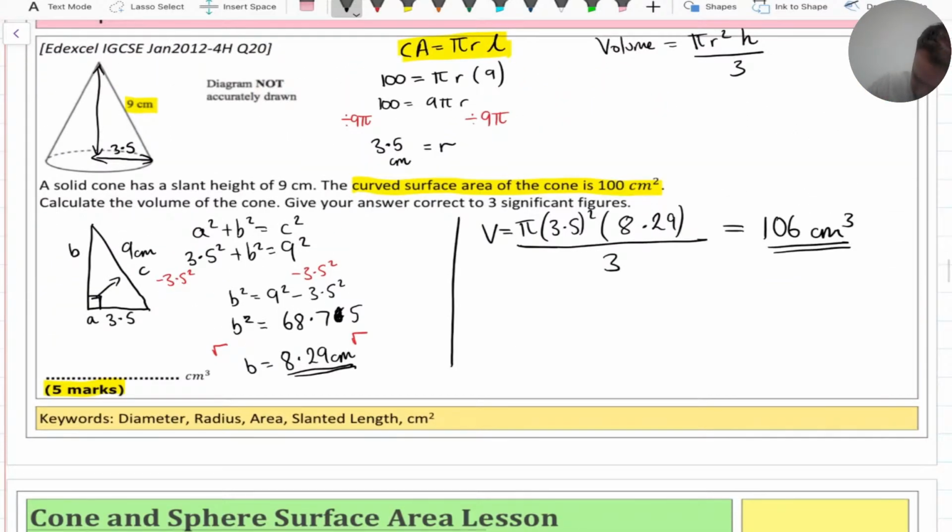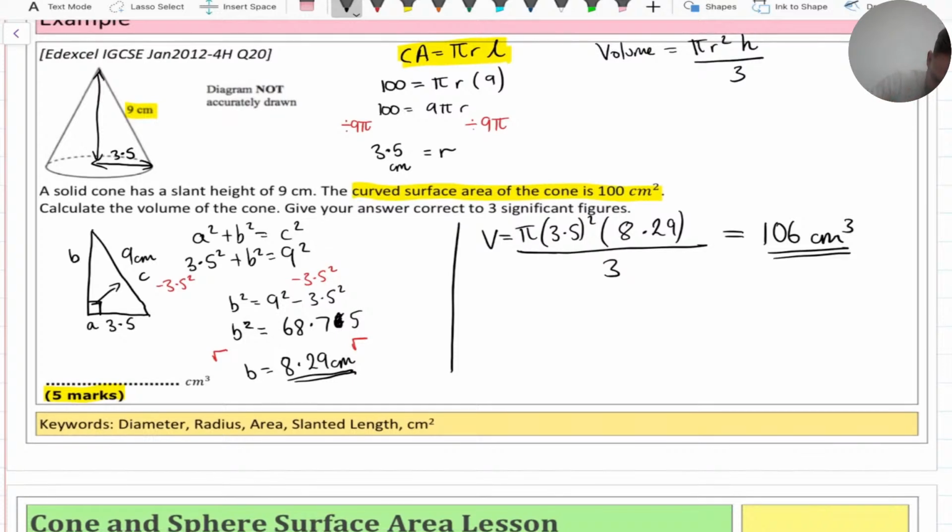I think I just typed this one into the calculator wrong. This one here is 8.27. If I type that in, I should get 108 centimeters cubed. Brilliant. So we'll finish that one up there.